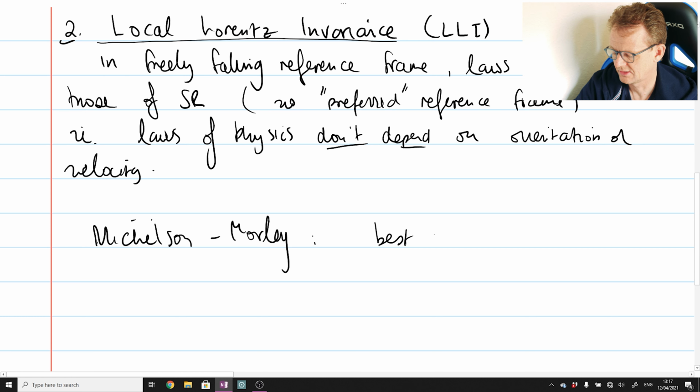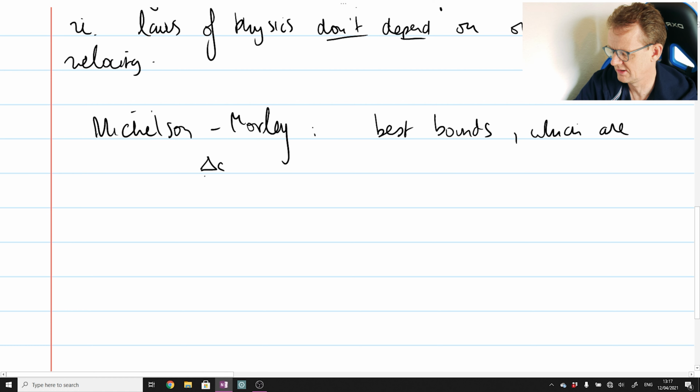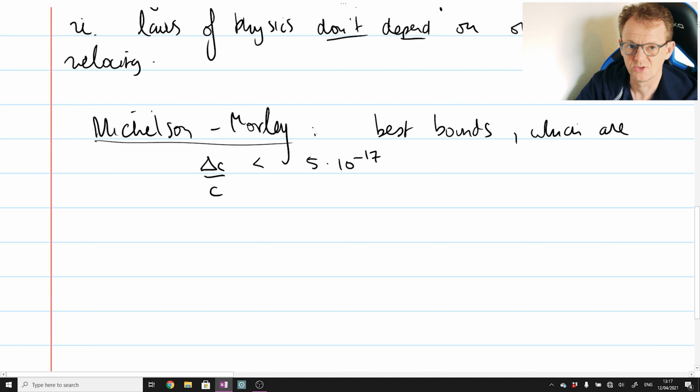And they've delivered to us the best bounds, which are now of the order of delta c over c being something like 5 times 10 to the minus 17. So pretty extraordinary bounds on the variation of the speed of light as you change orientation or reference frame.